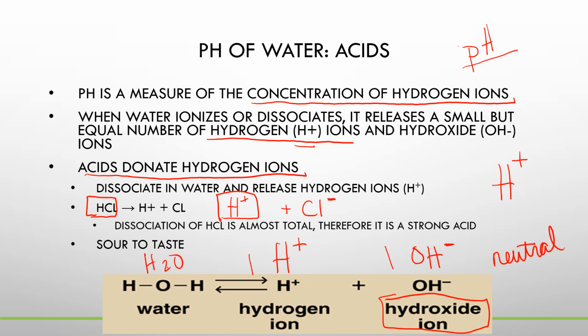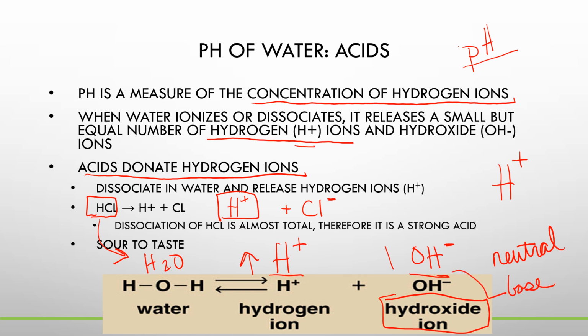If you were to add some HCl to this water, you would now be increasing the hydrogen ion, so it would be an acid. Anything that would increase the hydrogen ion concentration would be an acid. Right now, with pure water, the OH and the H are equal, and OH is considered a base.